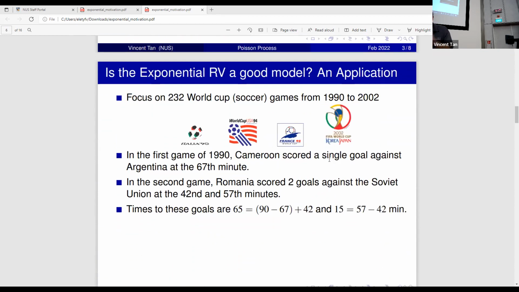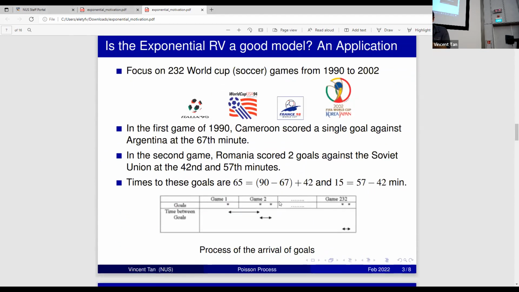The times to these goals are 90 minus 67. Every football game is 90 minutes. 90 minus 67 plus 42. So that's the interval between the first goal scored and the second, if you stack the games back to back. And then 15, which is 57 minus 42. So the picture is as follows.